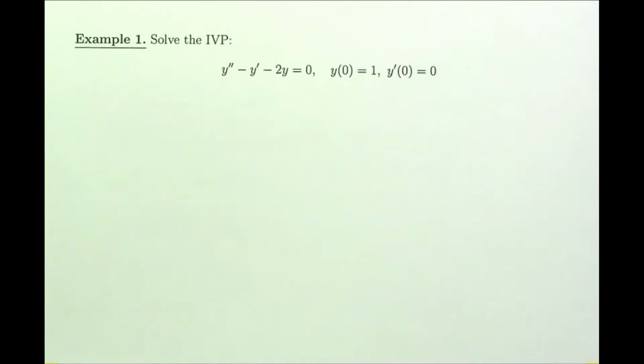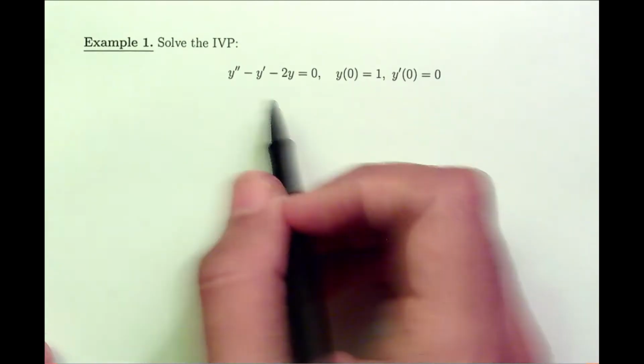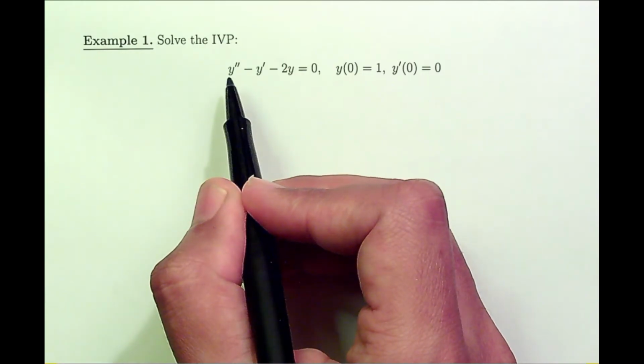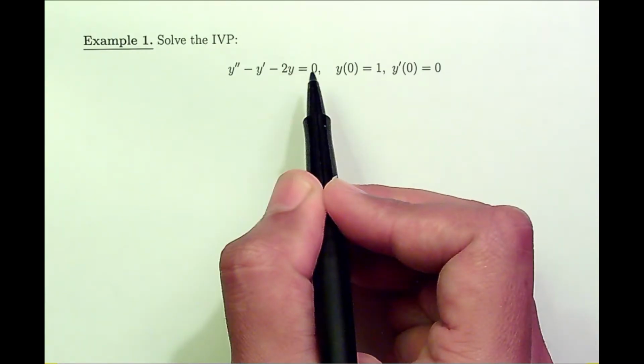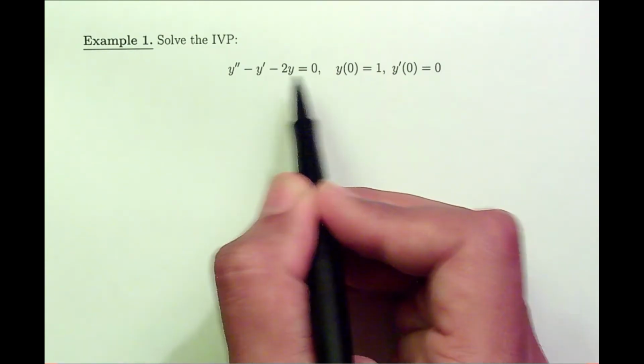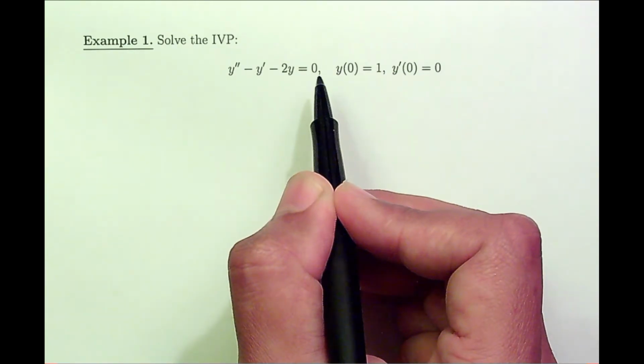So all you have to do to get it started is take the Laplace transform on both sides of this equation. So just apply the Laplace transform on both sides. That's how you get it started.